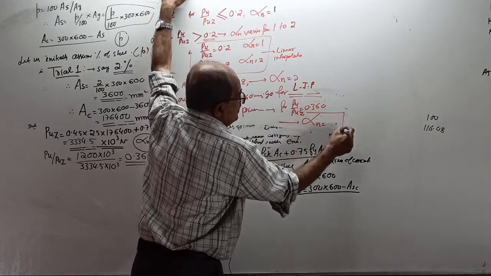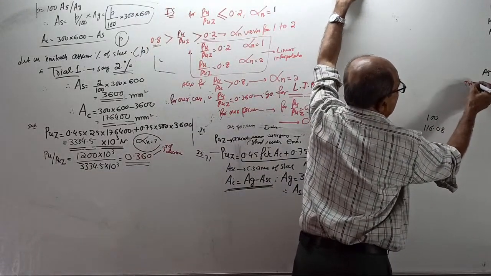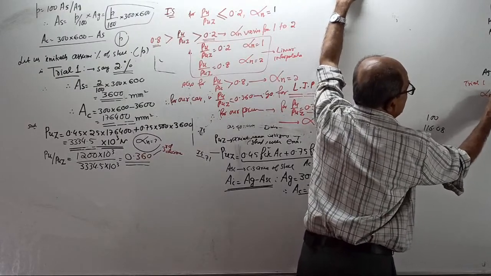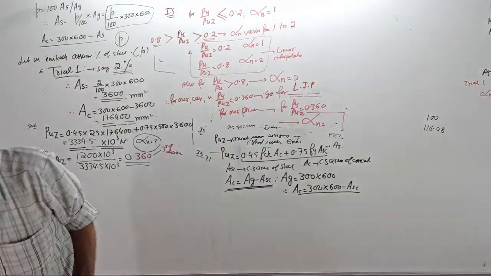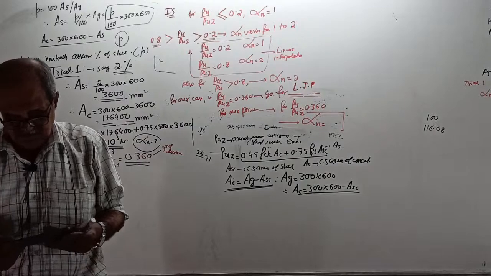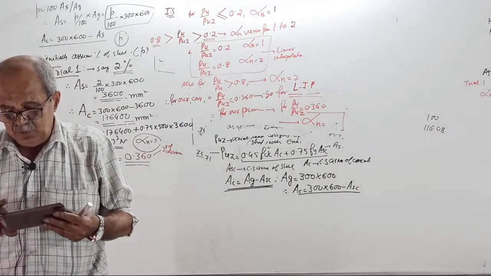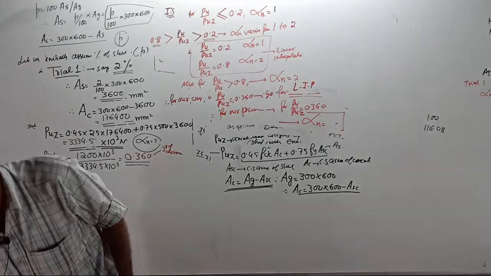Remember, I should write alpha n also, or I will forget later. In trial 1 with 2% steel, what alpha n came? Answer passed, interpolation. 1.267. Thank you.